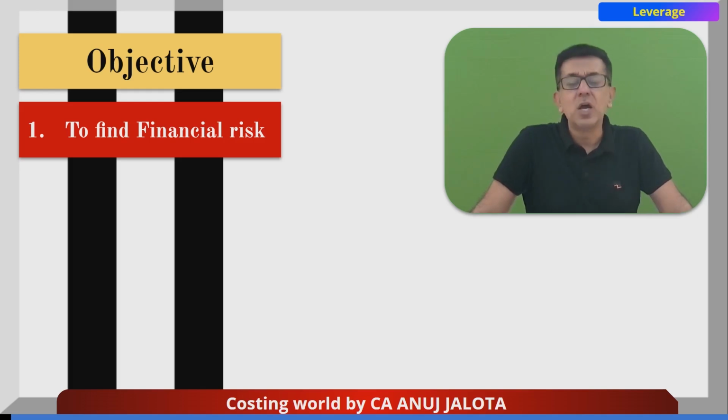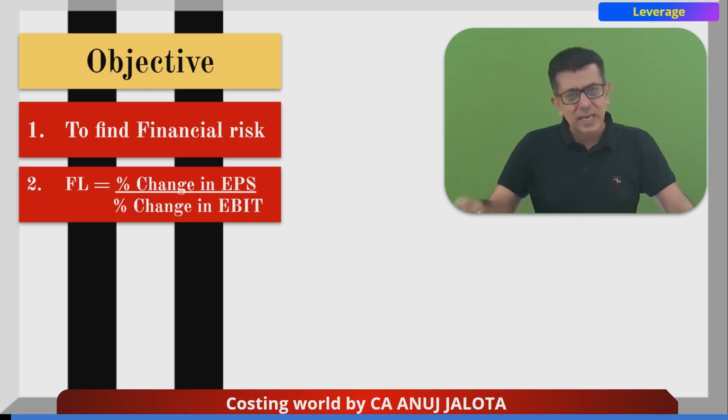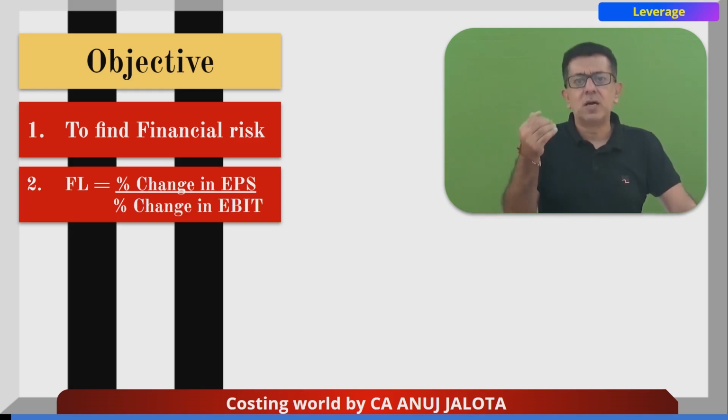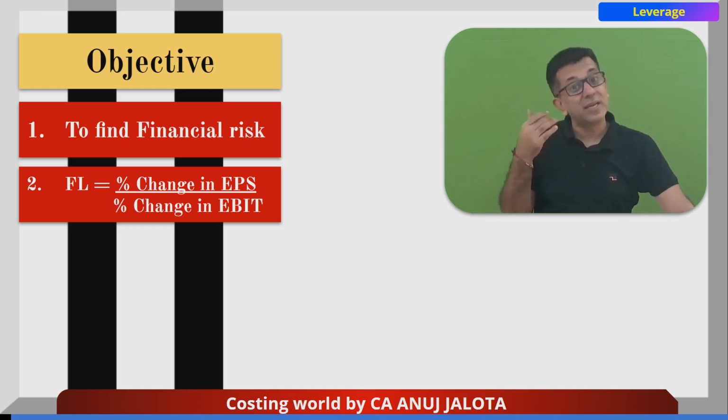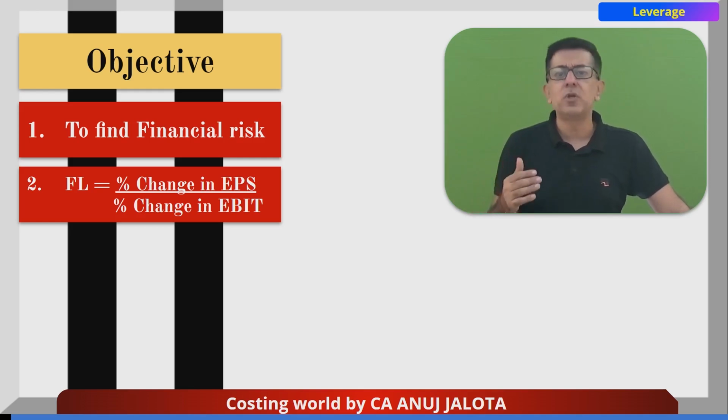But a universal formula of leverage is defined as percentage change in dependent variable divided by percentage change in independent variable. Before interest, what comes is EBIT. That is going to be the independent variable. And after interest, whatever comes will be your dependent variable.